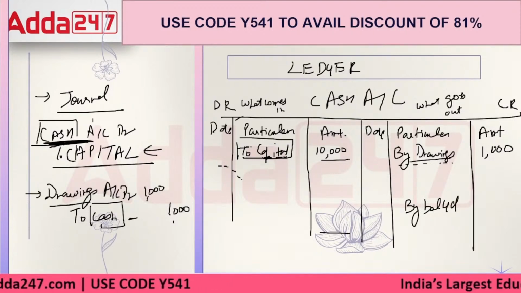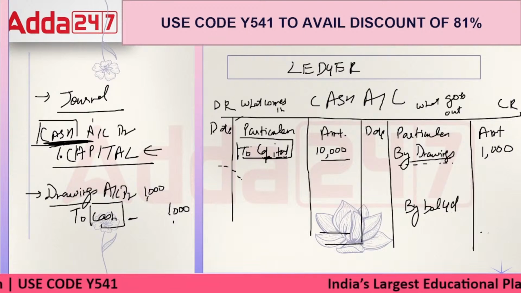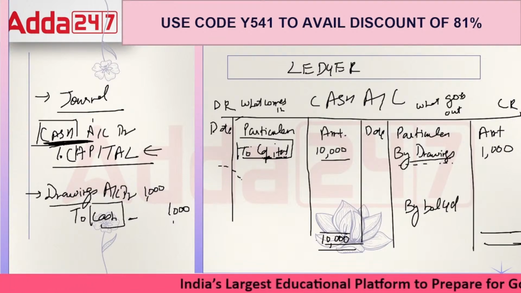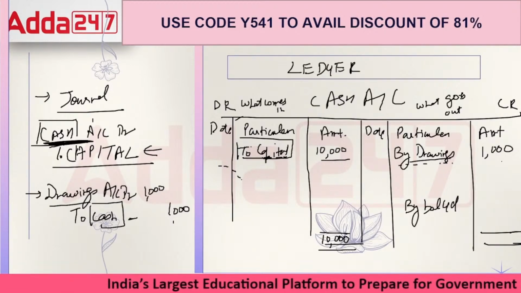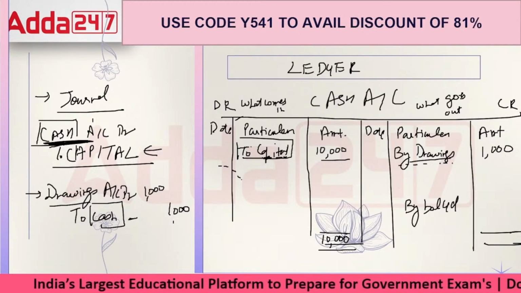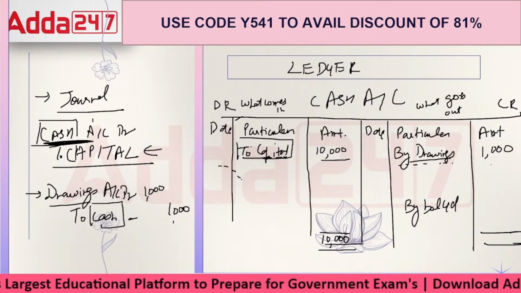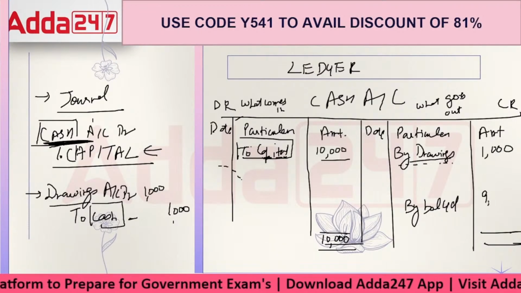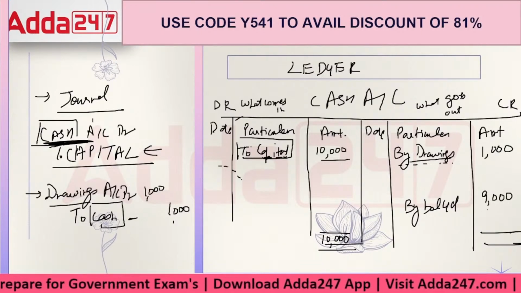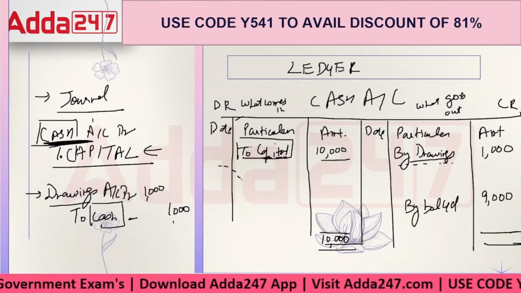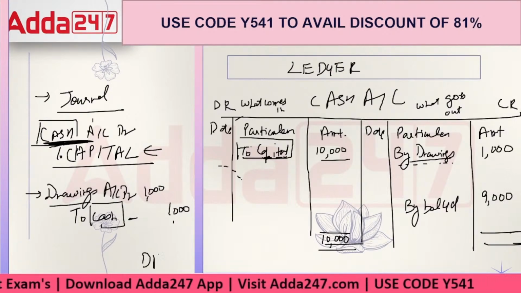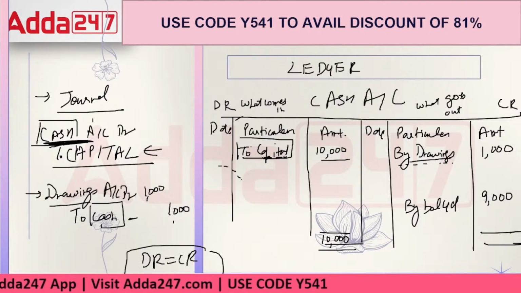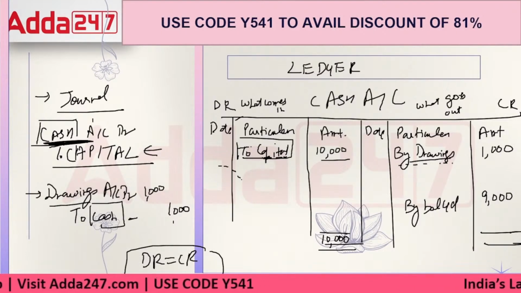This is the process where we are balancing it. Can you see? I know that I got 10,000 rupees in my business, but now I'm losing just 1,000 out of it. If I introduced 10,000 and I removed 1,000, we are left with 9,000 rupees. Always remember the debit is always equal to credit. There can never be a situation where you will find any inequality.